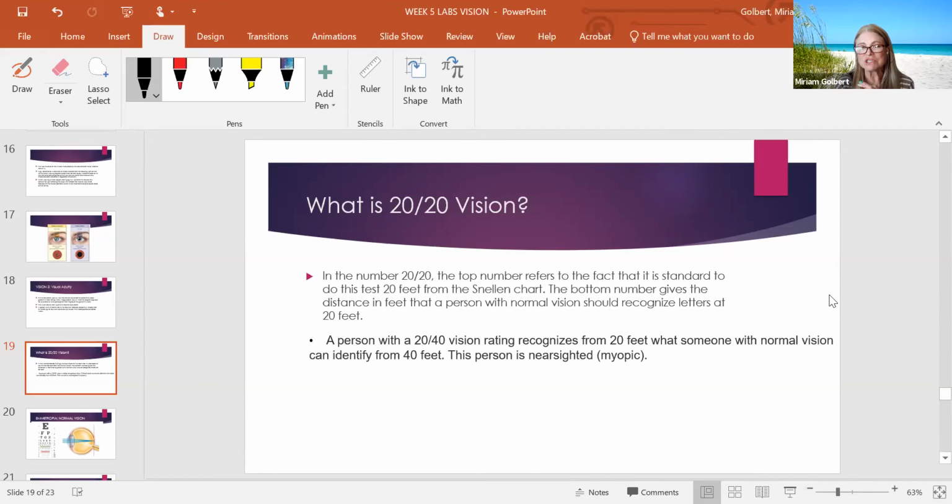So 20/20 vision is when you can read that line number 8 from 20 feet of distance. Somebody that is 20/40, that means that a person with normal vision can visualize that line from 40 feet away. But a person that cannot is considered myopic or nearsighted. I'm nearsighted.